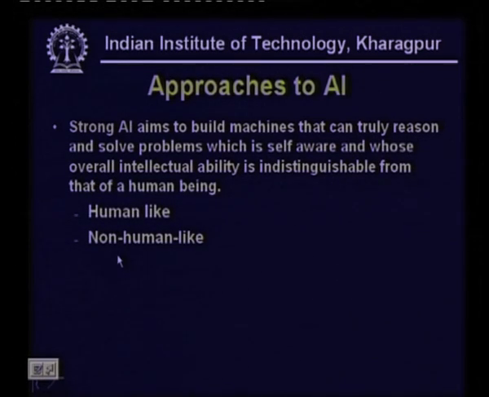So strong AI proponents want to develop systems that are completely intelligent, that can do things fully using their own intelligence. Such systems can be human-like, or can be non-human-like, but rational.